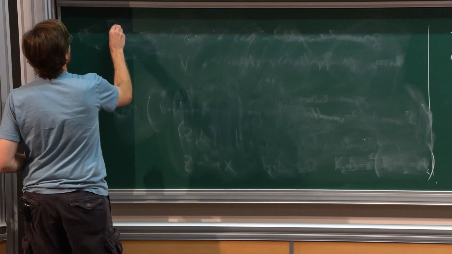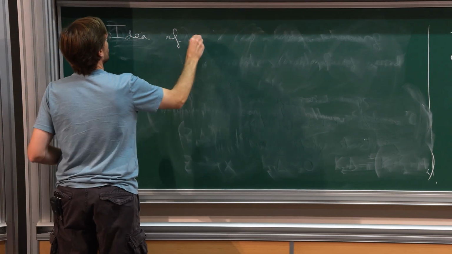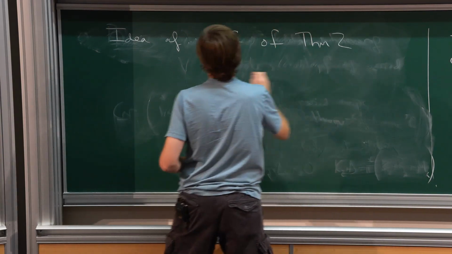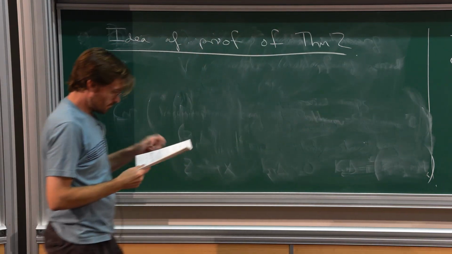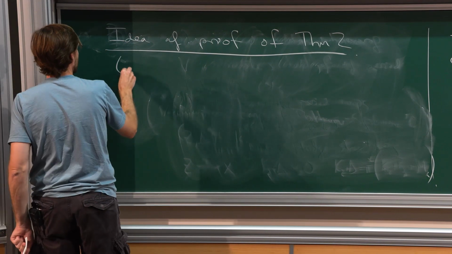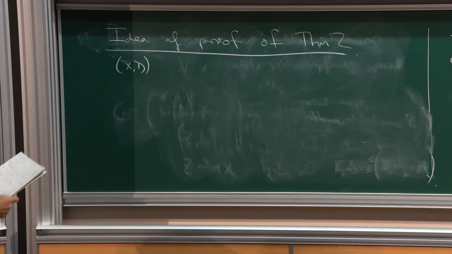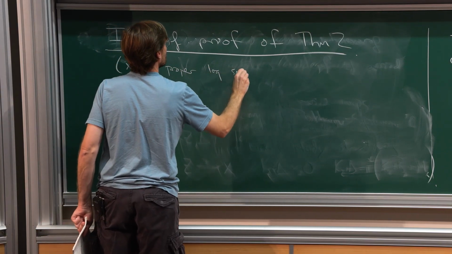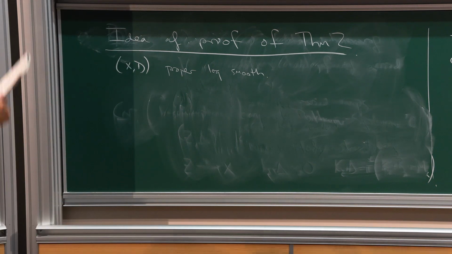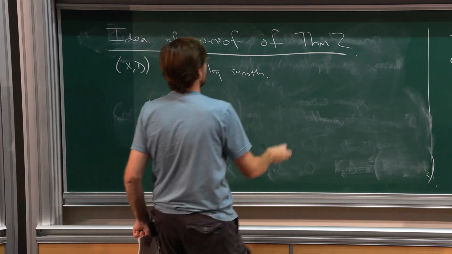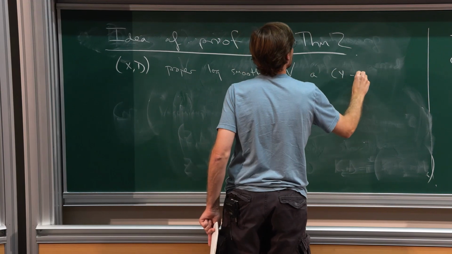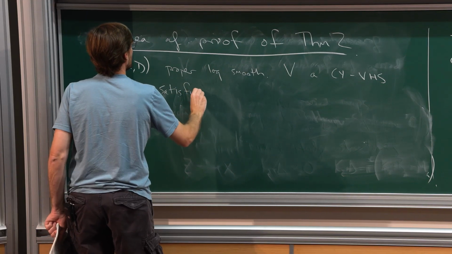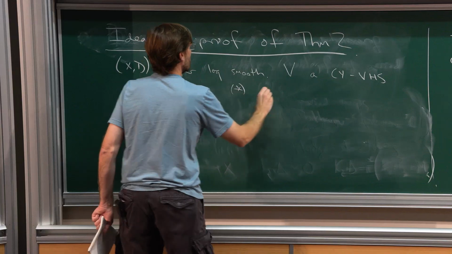Okay, so here's the idea of the proof of theorem 2. We're giving ourselves a proper log smooth (X, D), and we're giving ourselves a Calabi-Yau variation that satisfies these two properties, star and double star.